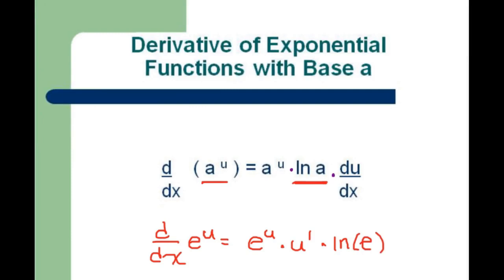So technically, when I taught you the derivative of e to the u yesterday, that ln a we're seeing here was really in our derivative. It's just that the ln e becomes 1, so we don't make the students memorize it that way, but technically it's there. Because e and a both just represent numbers.